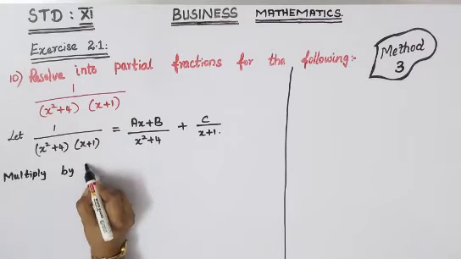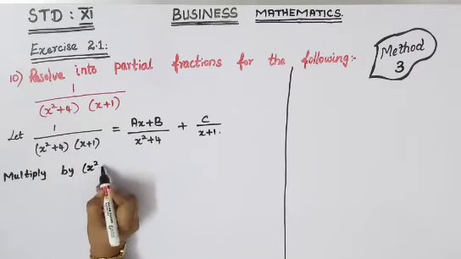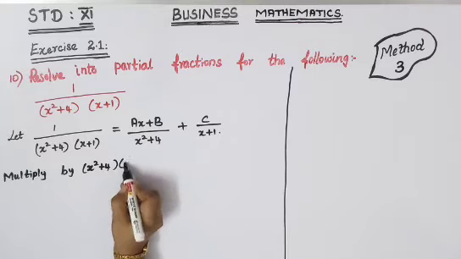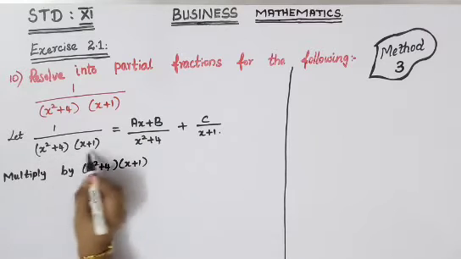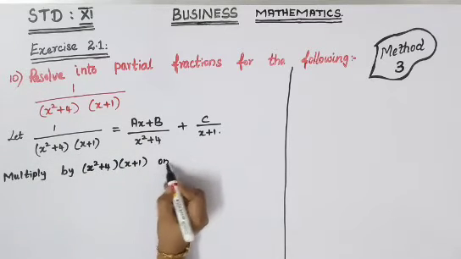by (x square plus 4) into (x plus 1), that is the denominator, on both sides.